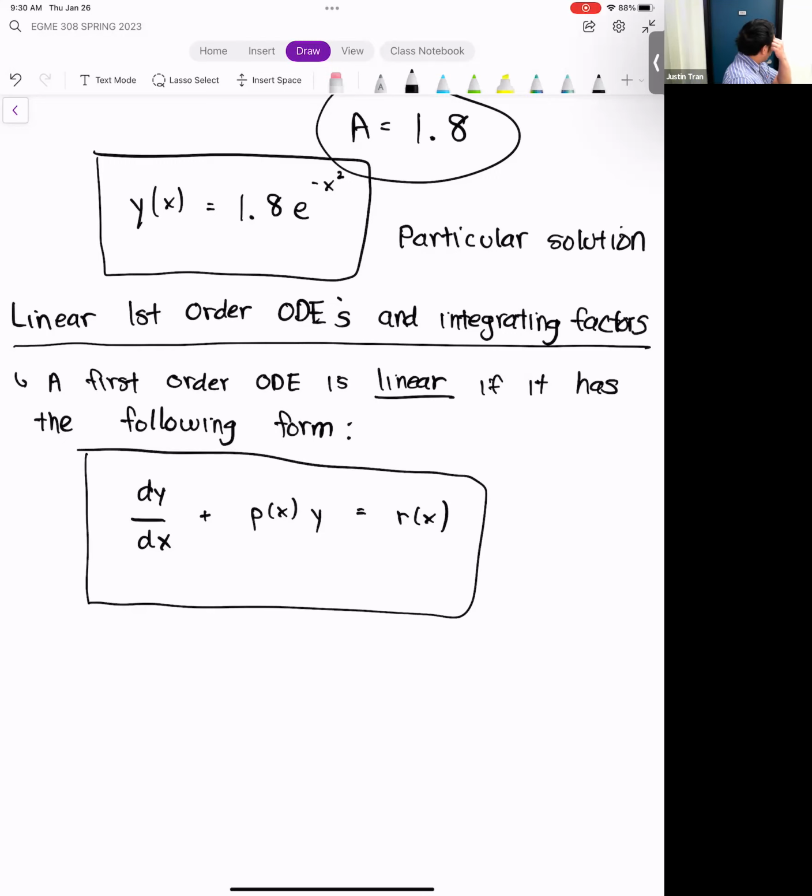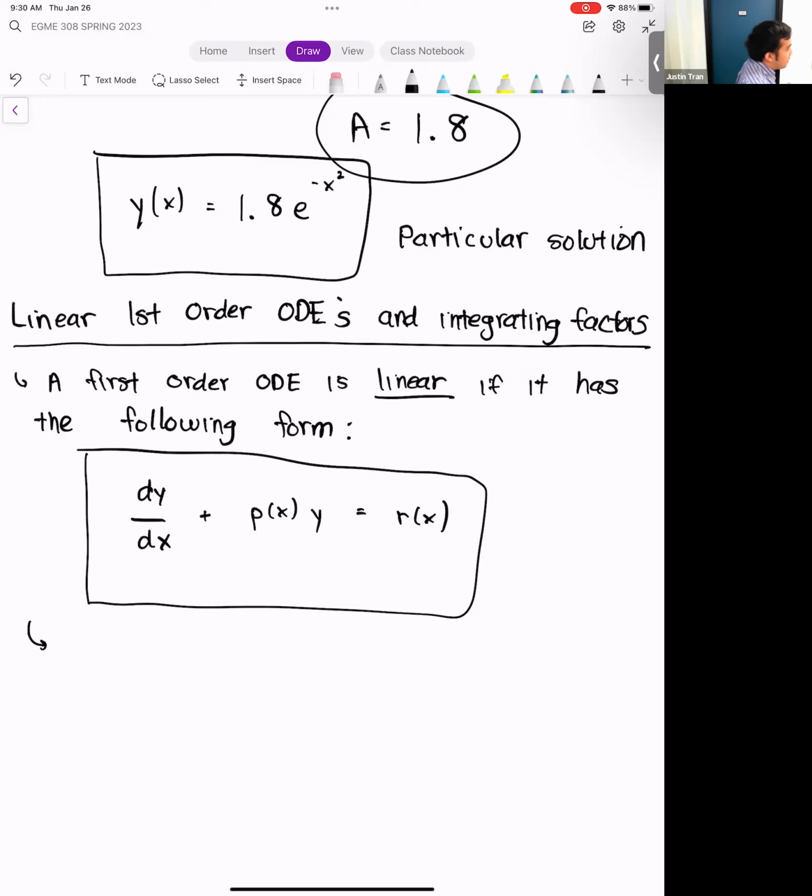What's different about these differential equations compared to the separable one is that we have these two extra terms. So we have one term, which is p of x times y. Okay. And on the right-hand side, we have a term that is just a function of x.